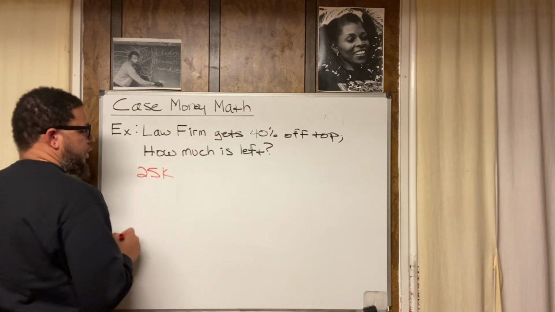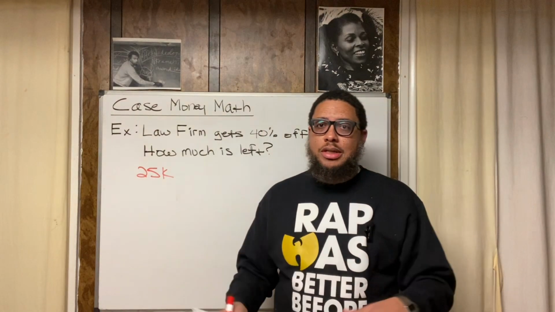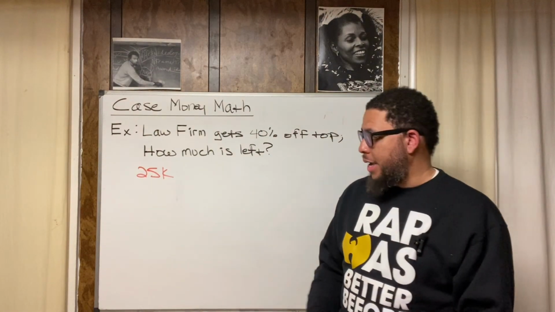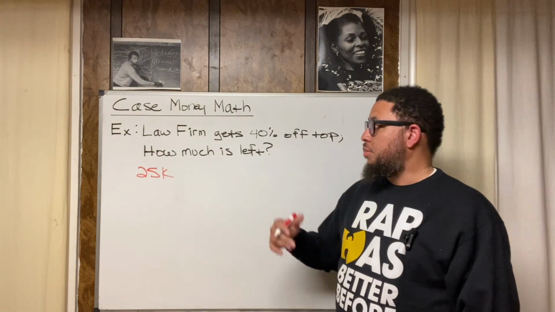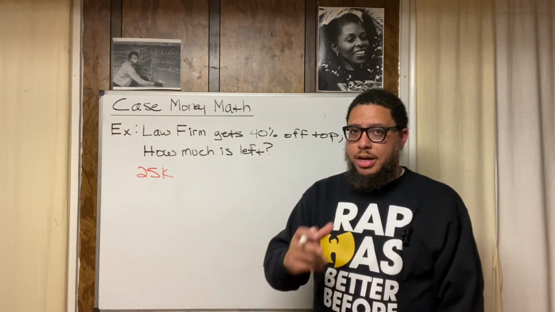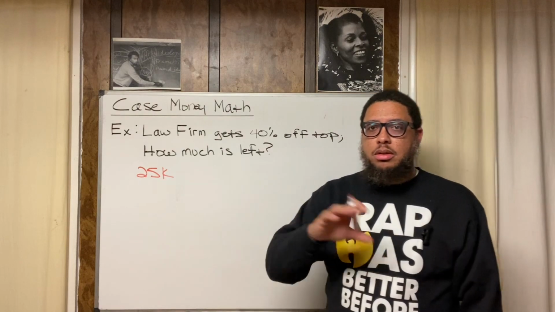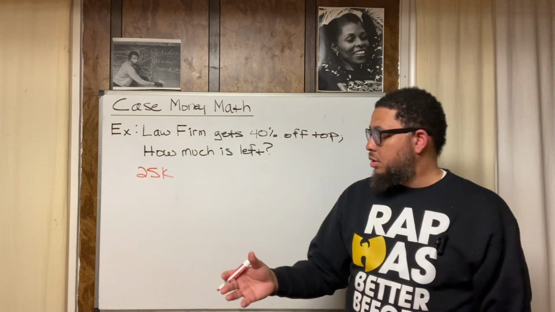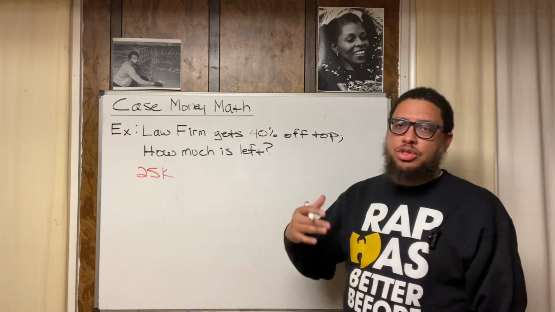So the question is, we can either calculate how much the attorneys get and then subtract that from this, or we could just figure out the percentage that you're going to get. And I like for us to be what we call mathematically flexible, meaning knowing how to do it in different ways. So let's say we want to do it the more traditional way.